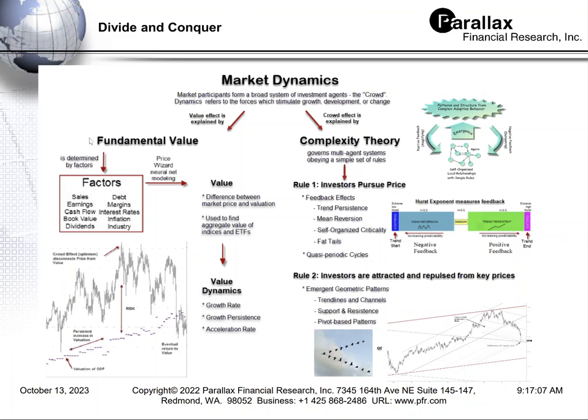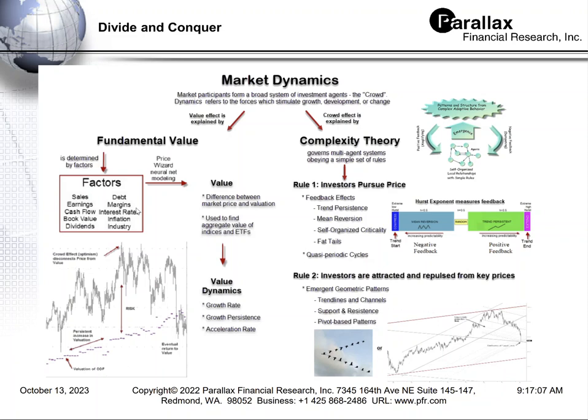So I gathered up the factors that authors had identified as important to valuing a company, and they're labeled there: sales, earnings, cash flow, book value, what industry you're in, interest rates and inflation, sort of the background macro factors, how much debt, what your margins look like, and then accumulated years and years of data on thousands of companies, and trained neural nets.